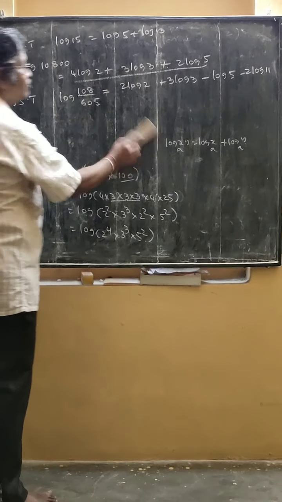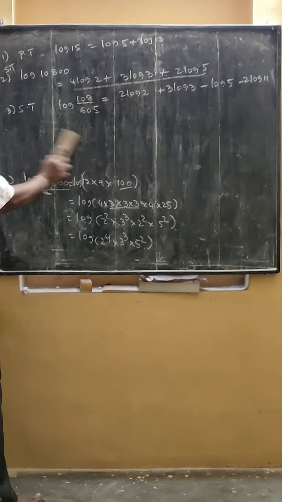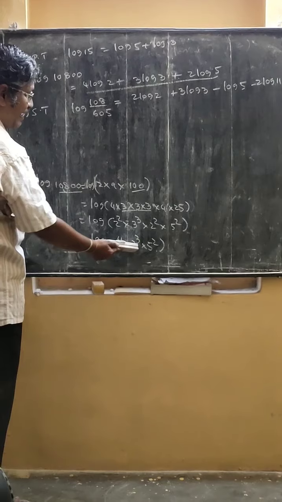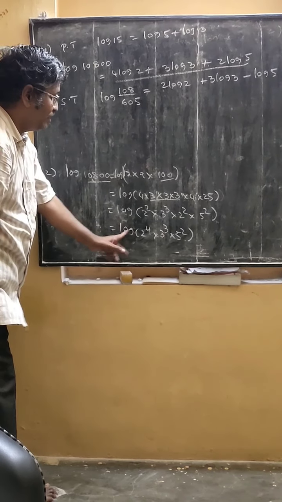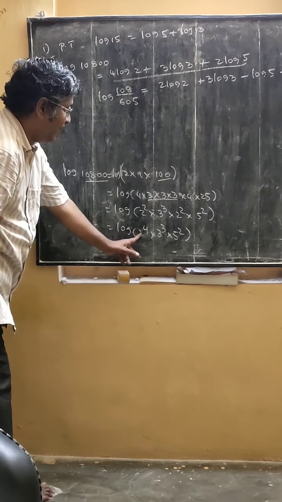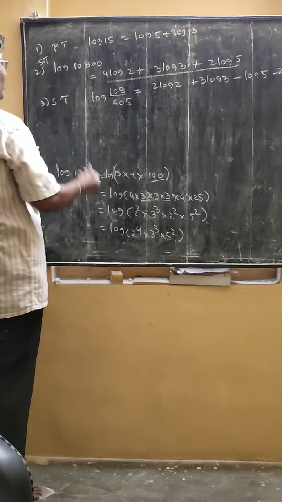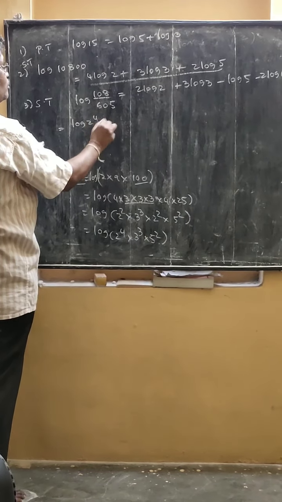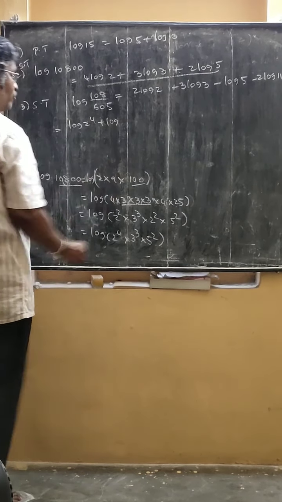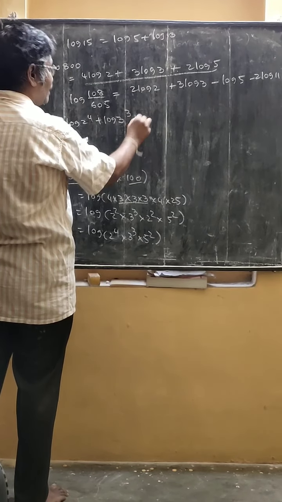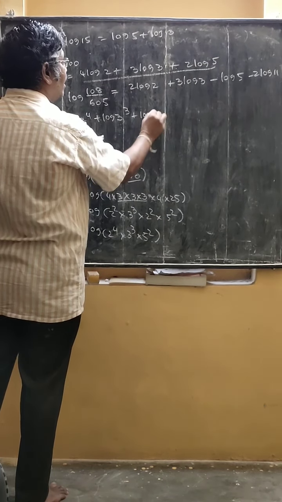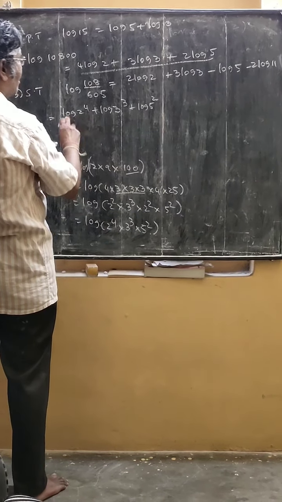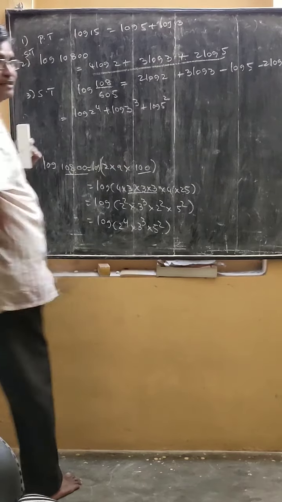So I am writing this one, and see now. How is log of x y z to the base 10? Log x y z can be written as log x plus log y plus log z.